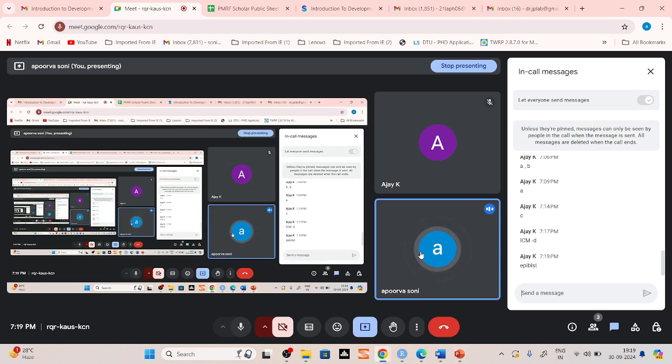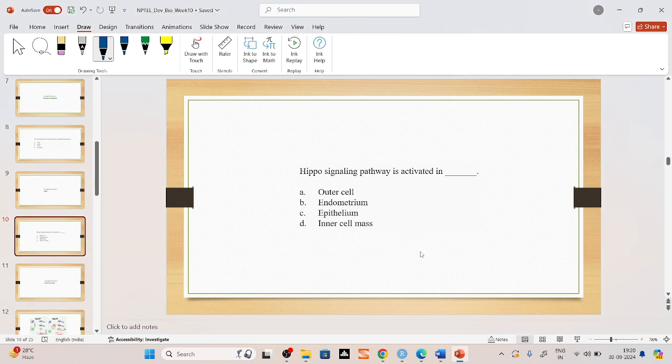Trophectoderm leads to the formation of the extra-embryonic layers. Embryonic layers are formed by the inner cell mass, and trophectoderm forms the extra-embryonic layers. Ectoderm, endoderm, and mesoderm.